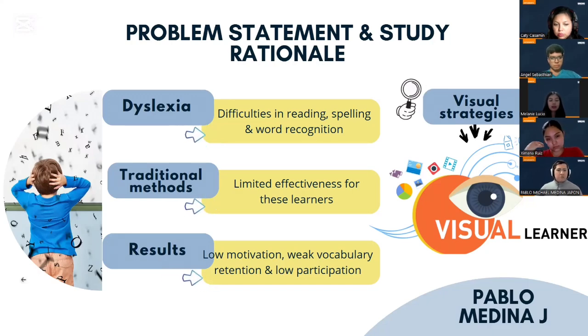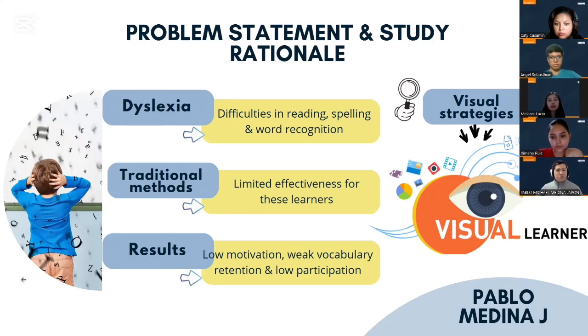In many classrooms, teachers still rely on traditional methods such as memorization, repetitive reading, and grammar-based instruction. However, these approaches do not always respond to the specific needs of these students. As a result, students with dyslexia may show low motivation, limited vocabulary retention, and less participation during English lessons.